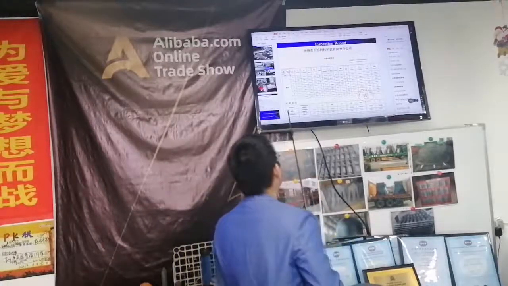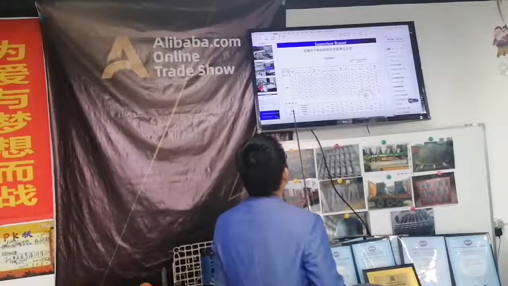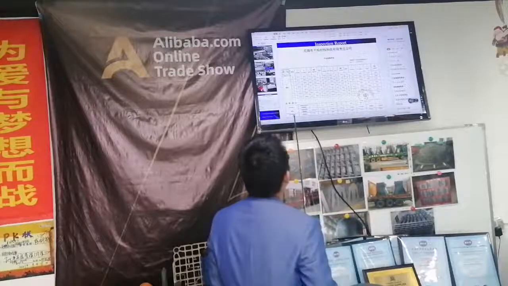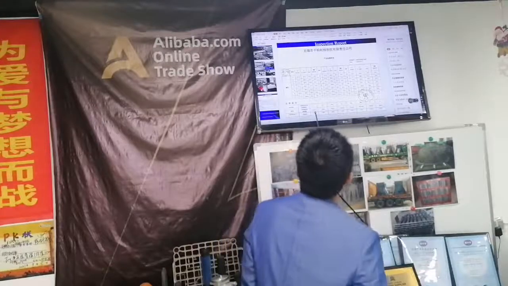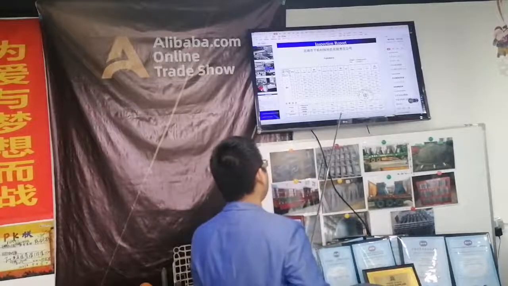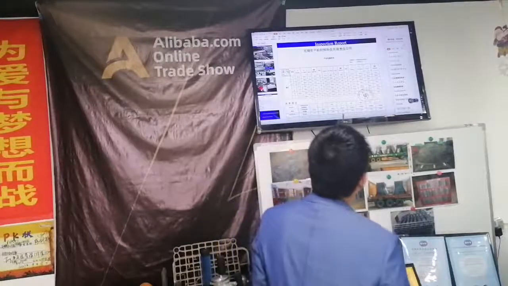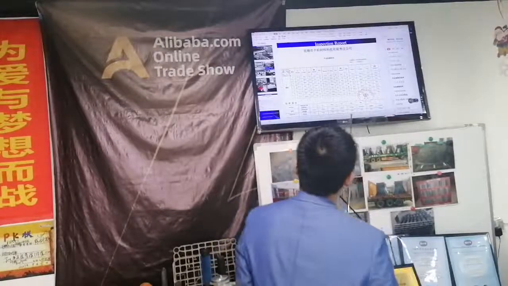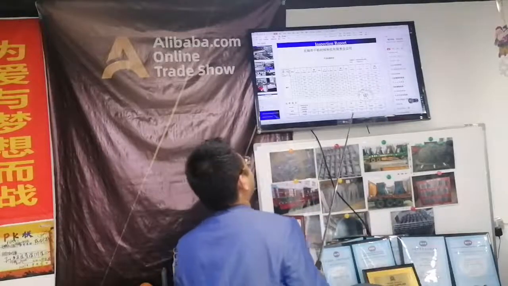And part 2 is our material report, like this. This material, the chrome is about 1.35, and the nickel is about 3.23.